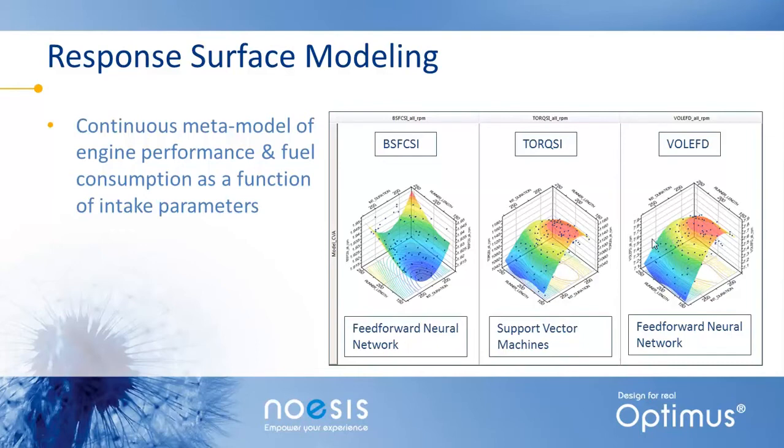So what we have now is a continuous meta model of the fuel consumption and of the engine performance and the volumetric efficiency as a function of all the input parameters. And as you can see, the toolbox proposes different response surface models for the different outputs, like for example feed-forward neural networks and support vector machines.